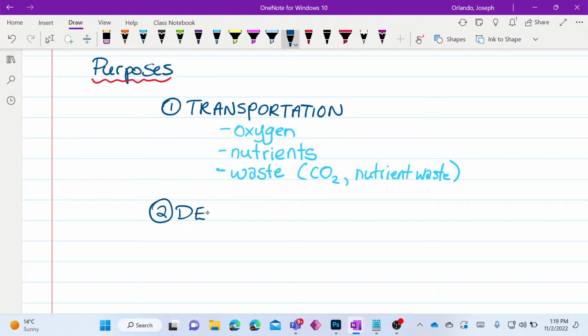This is actually very important. Anybody? Defense. Your blood has cells that fight infection. White blood cells, absolutely.